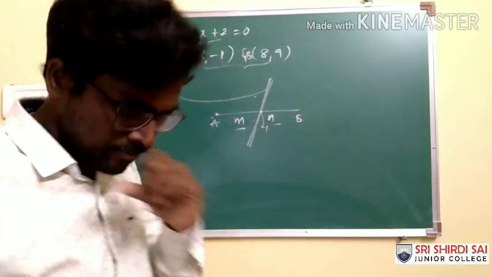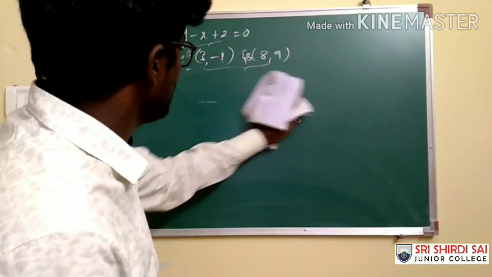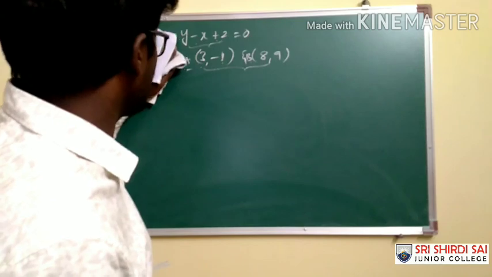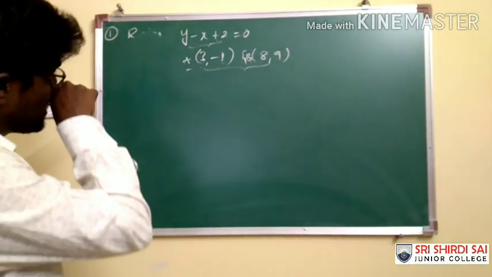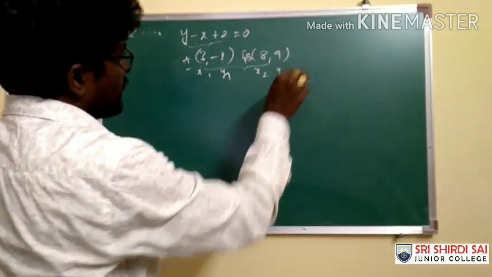Let us see how to go ahead. I am treating that the line is dividing in the ratio m is to n, with x1 y1 x2 y2.